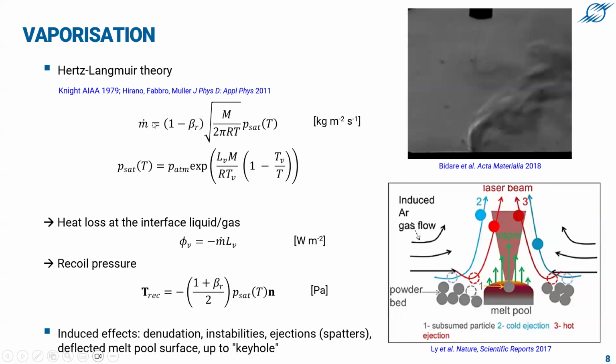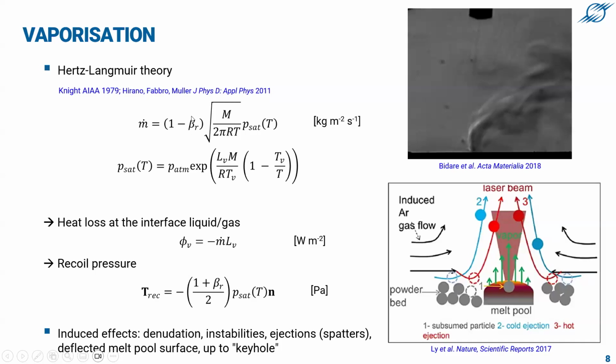So you have the saturation pressure and considering the Clausius-Clapeyron equation here, the temperature of the surface, and once the temperature of the surface exceeds the vaporization temperature at the atmospheric pressure, then this defines a saturation pressure, and this saturation pressure will conduct to the evaporation rate of the material in kilogram by second by a unit surface.